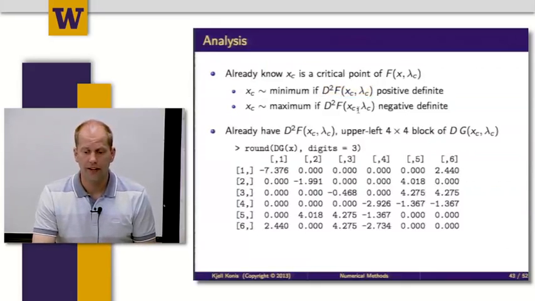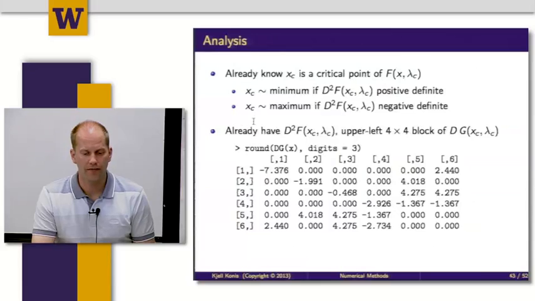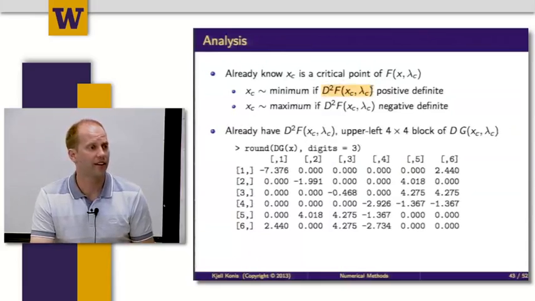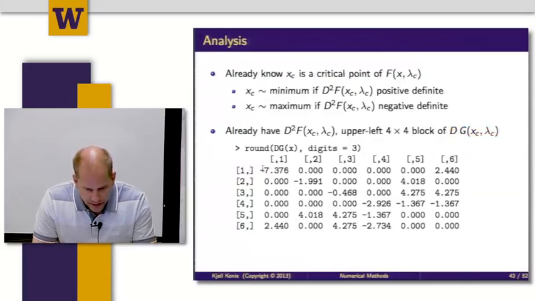And if you think carefully about what we've done, we actually already have this matrix because it's just this matrix of partial derivatives, and that's just a block of the gradient of the function g that I was trying to set equal to 0.